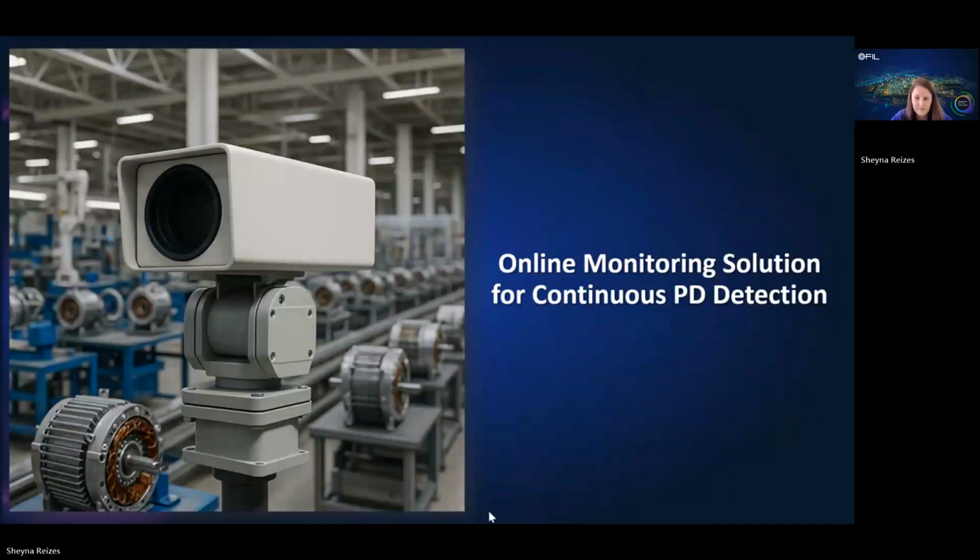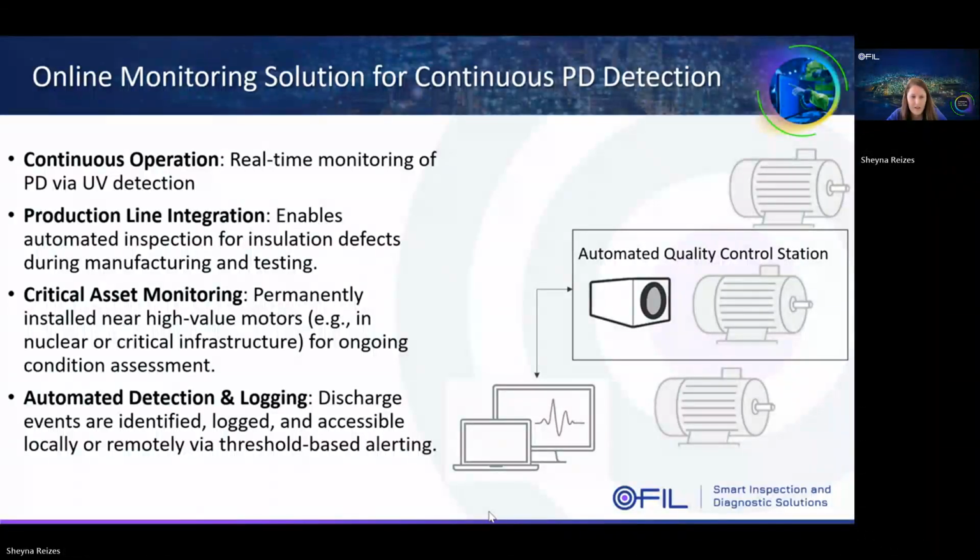To address those challenges, UV-based online monitoring offers a practical and scalable solution for continuous PD detection. This system can be integrated directly into production lines, where it performs automated inspections to catch insulation defects during manufacturing and testing.